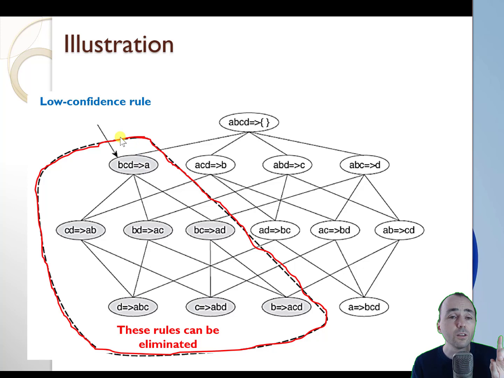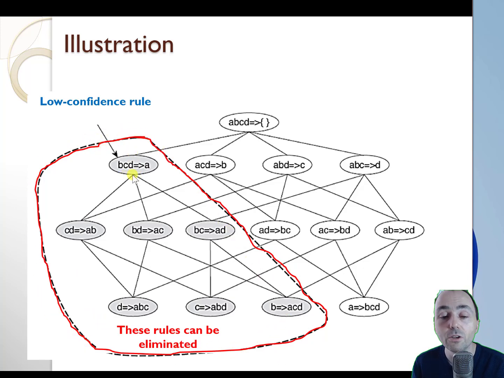So what the property will say is, if you have a rule like B, C, D imply A, and this rule has a low confidence, less than the minimum confidence, then all these rules I have highlighted here can be eliminated.